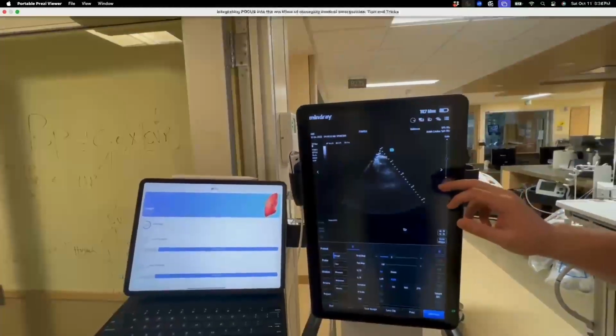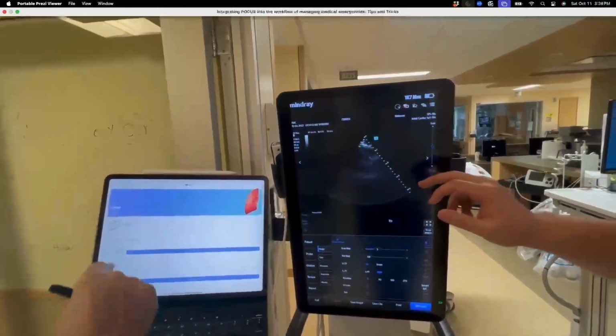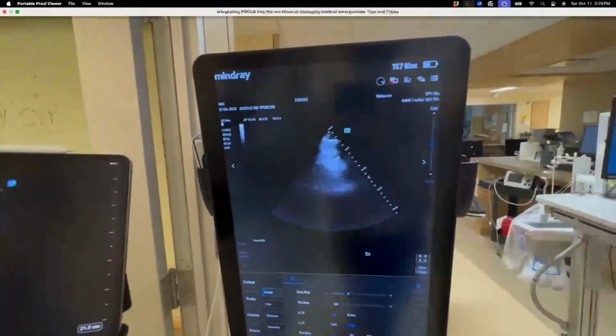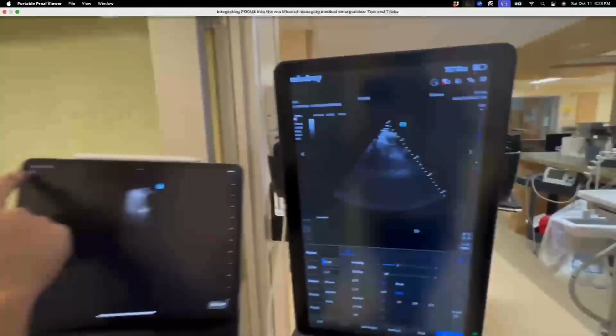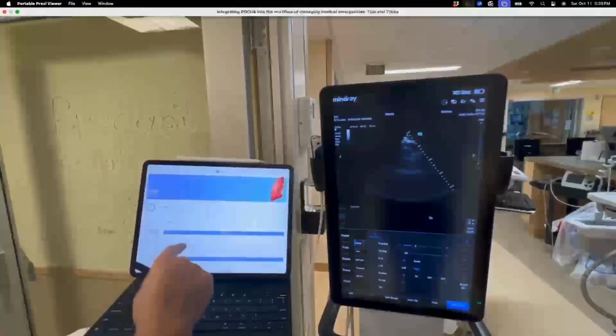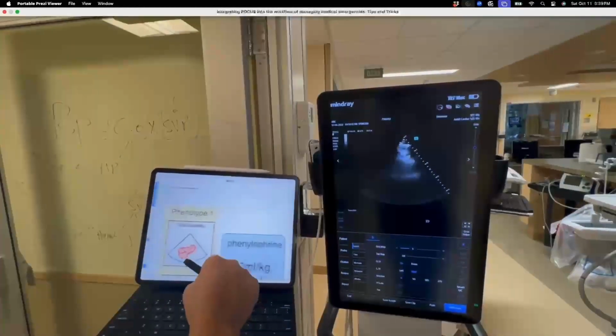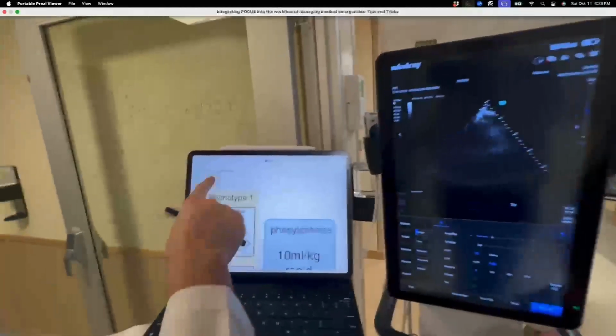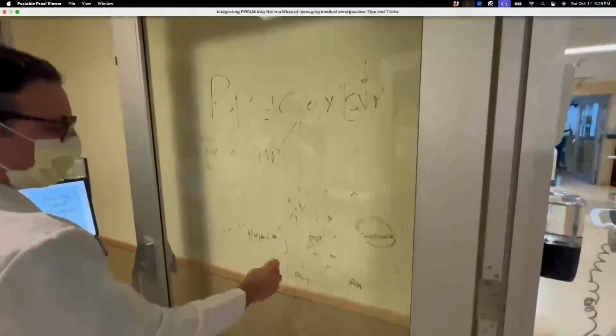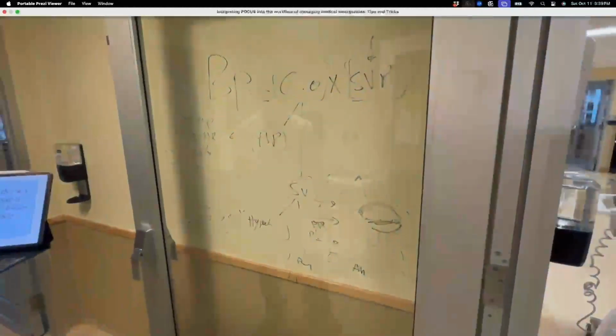Then the upper lungs. And here we're seeing A lines. There are no B lines that we're seeing. All right, so we're going to select this. The etiology is hypovolemia. So it was really helping in transmitting information to residents.